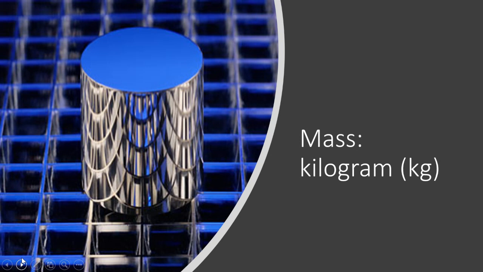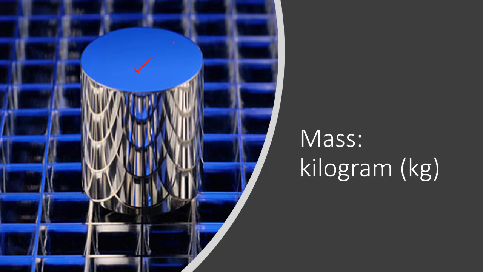Mass is really defined as how much matter is contained within an object. And so this is a picture of what used to be one of our standards. Like I said, you could go into a building in France and find the meter stick. Well, you could go into that same building in France and find the kilogram, and it would have looked just like this.